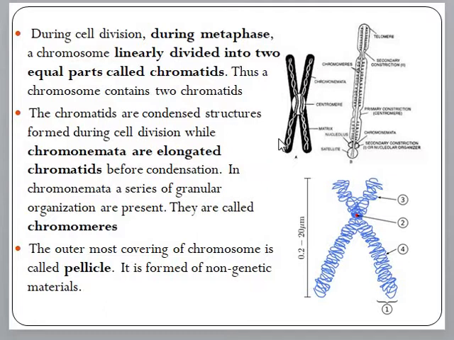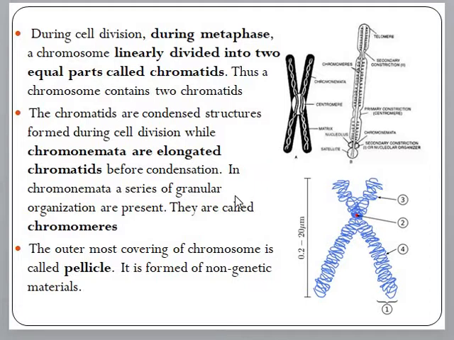And these chromatids before metaphase are found to be elongated and loosely arranged, very long, uncoiled structures. They are called chromonemata. When the chromonemata condense, chromatids are formed.